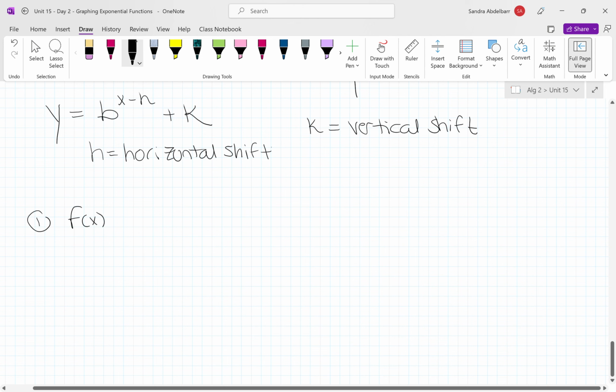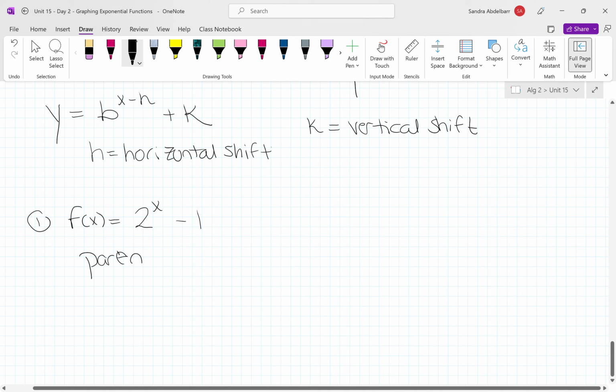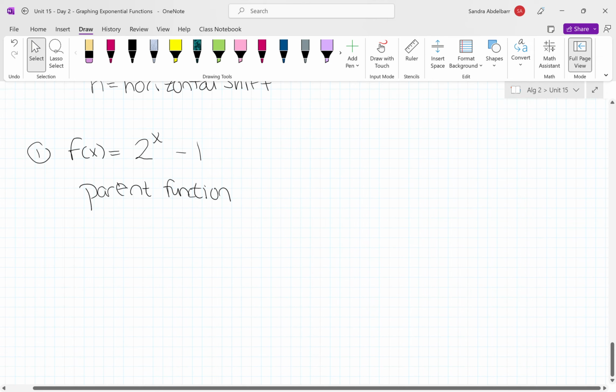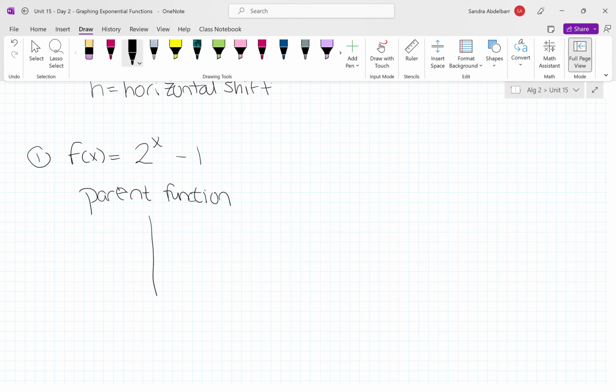If I have f of x equals 2 to the x minus 1, what does that tell us? That tells us I have my parent function, y equals 2 to the x, right?